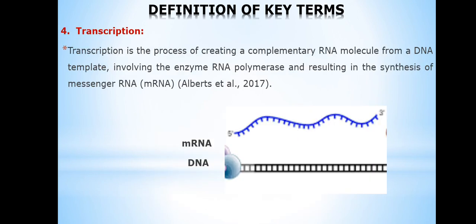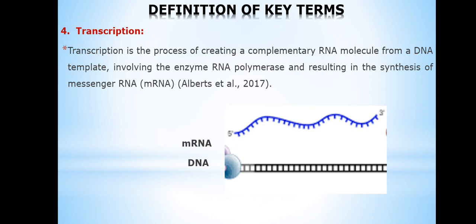Apart from that, there's also what we refer to as transcription. The reason why I'm talking about these terms is that for you to understand the viral replication mechanism, you have to understand these terms, okay? So transcription is a very simple mechanism. It basically involves converting DNA to what? RNA. Very simple.